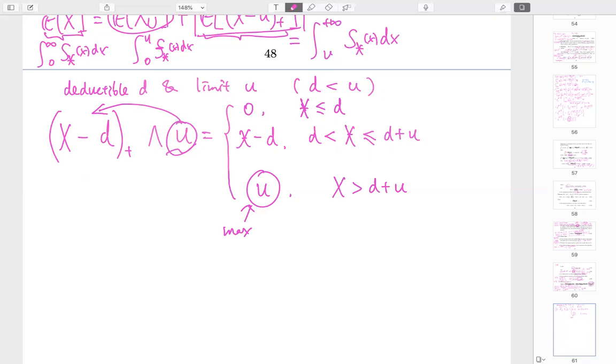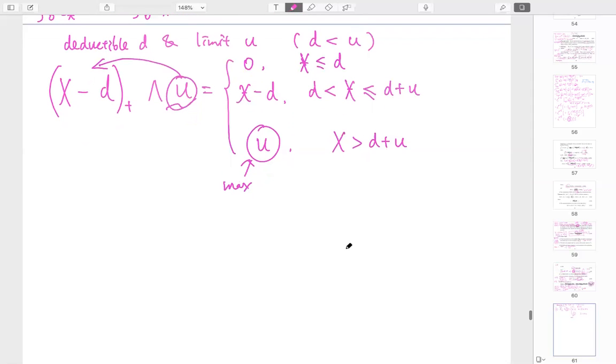Sometimes this U is directly applied on X. Let's say I have a policy that will cover up to, let's say, 100K of loss. Per loss or per deductible, there's a difference. In the other case, this limit is directly applied to the loss.